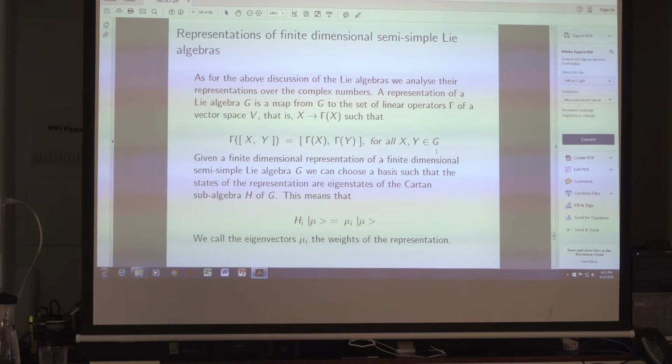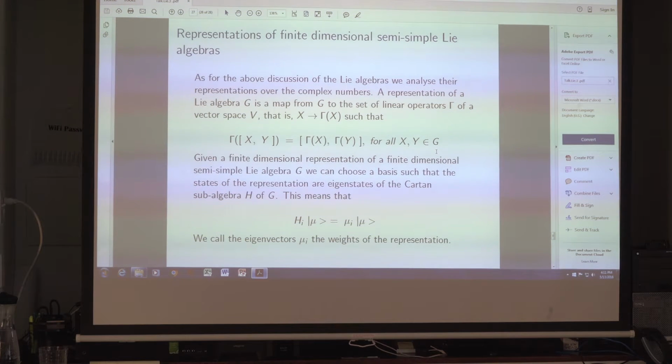Okay, I'll briefly mention a little bit about representations of finite dimensional Lie algebras. Remember, you have this book by Fulton and Harris on representation theory, a Springer graduate text in mathematics, all devoted to representation theory, which is a very fundamental branch of mathematics.